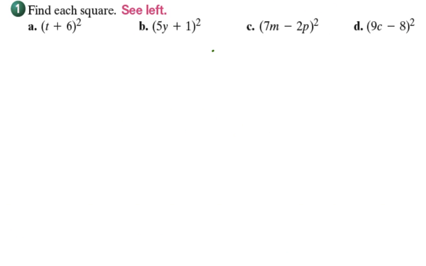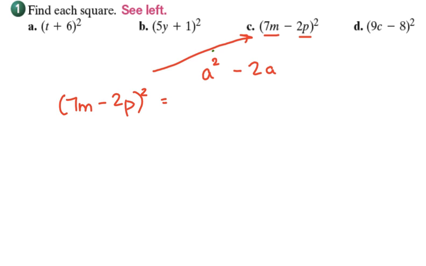All right, let's do one more, and then we'll go on to the next example. We've got a bunch of examples to get through, so I don't want to get stuck on this one. Let's do C because it looks like it may be the most complicated because we have two different variables in here. So we've got 7m minus 2p squared. So we know we're going to be doing the a squared minus 2ab plus b squared, where 7m is the a, 2p is the b.